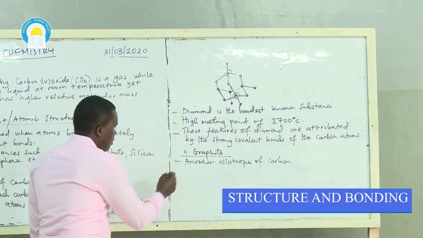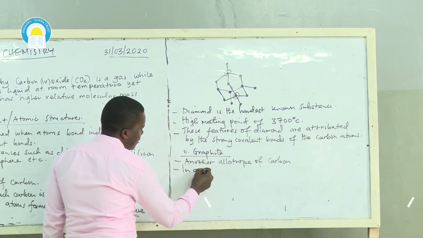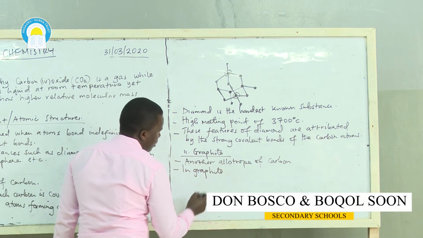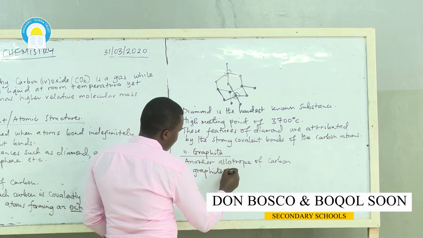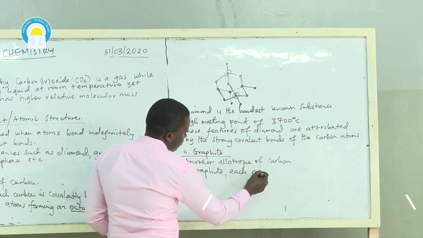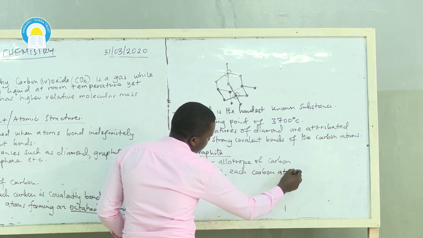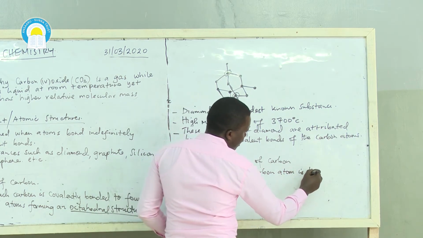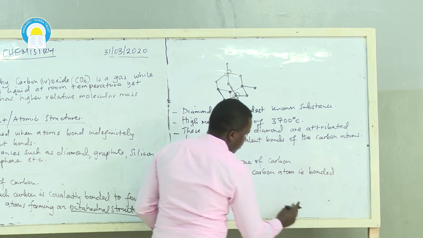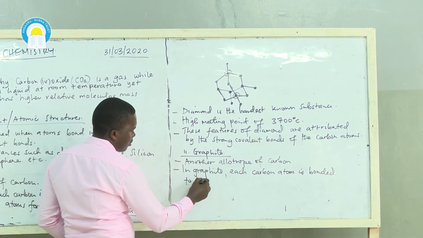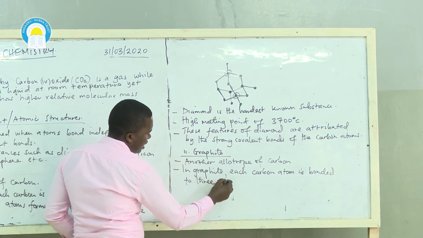So it is also important to know that in graphite, each carbon atom is bonded to 3 other carbon atoms.